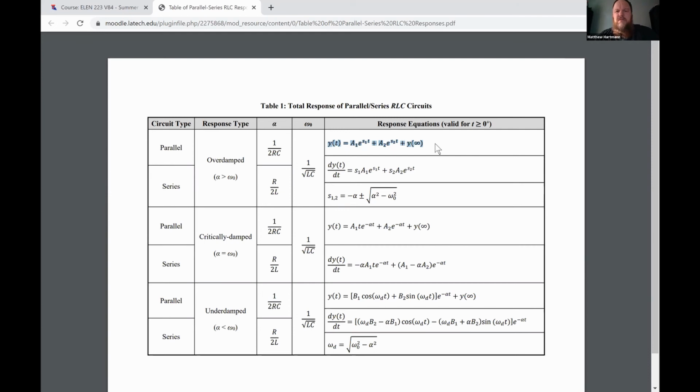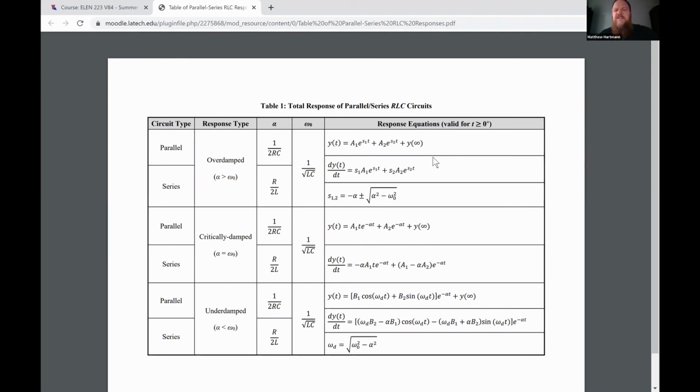So that's going to be our overdamped response, a1e to the s1t plus a2e to the s2t, and then plus y at infinity. That's going to take care of our forced response bit that we're going to get into, I think, next Tuesday.